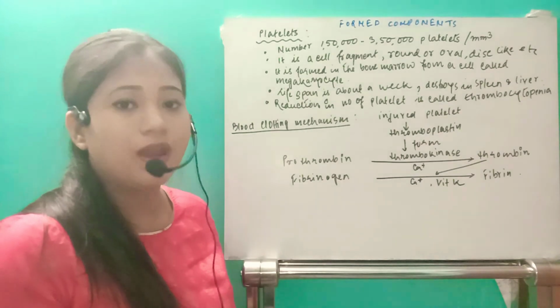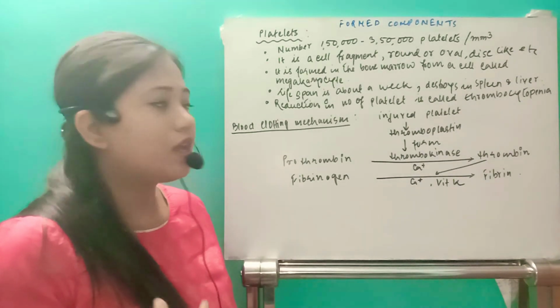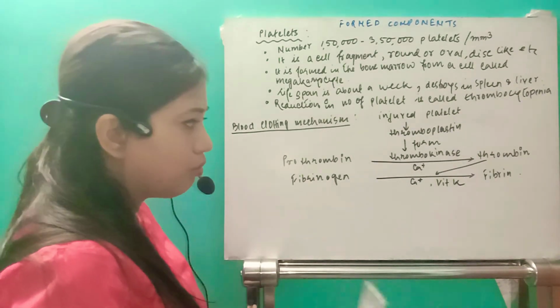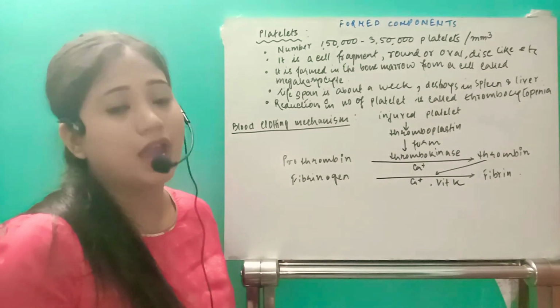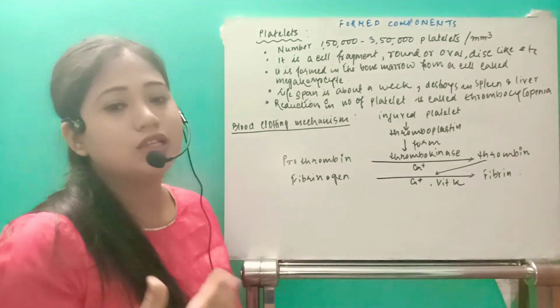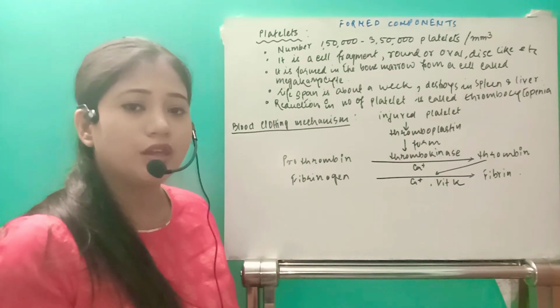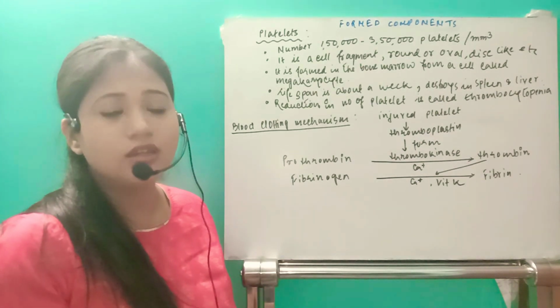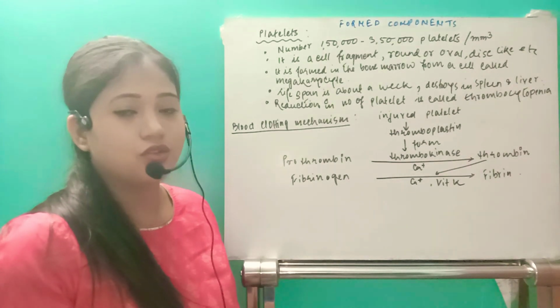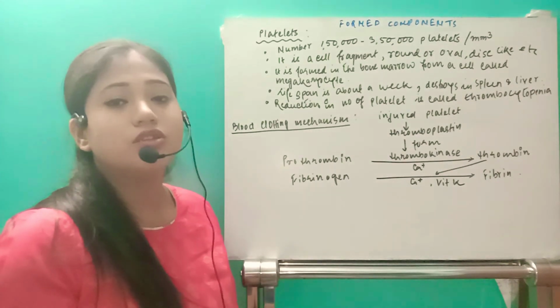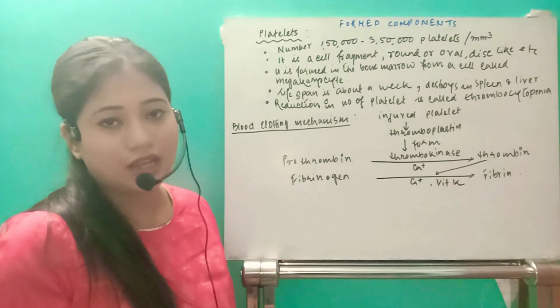That thromboplastin will stimulate our body to produce an enzyme known as thrombokinase. That thrombokinase will convert the prothrombin, a component present in the blood, into thrombin, in the presence of calcium ion.